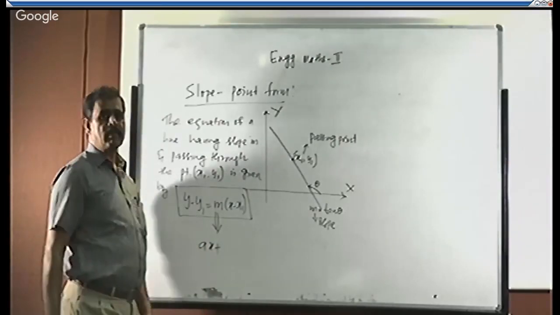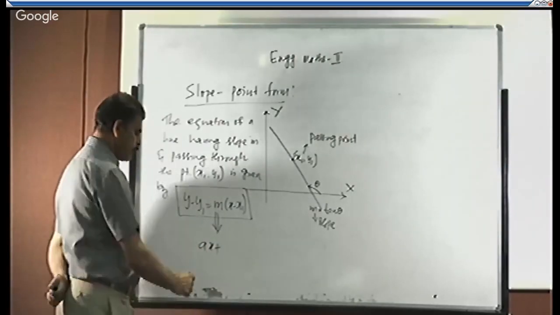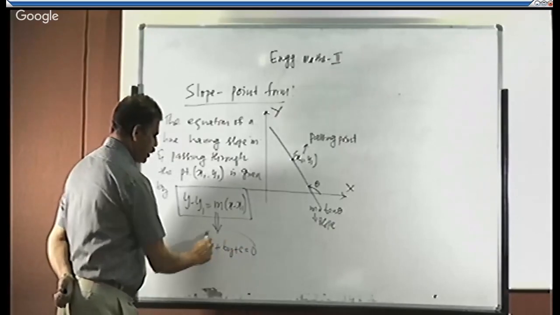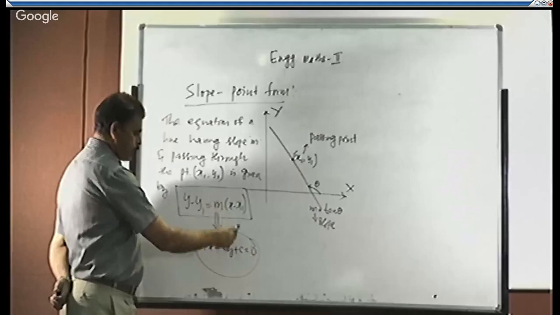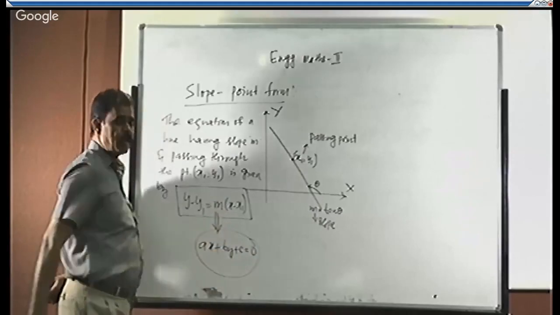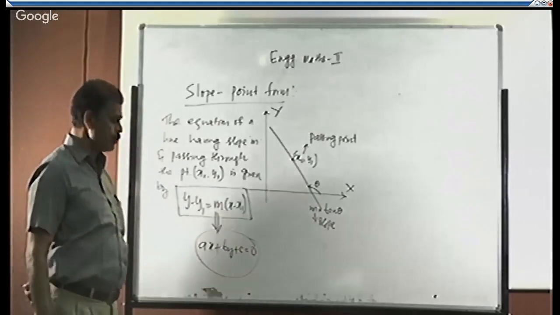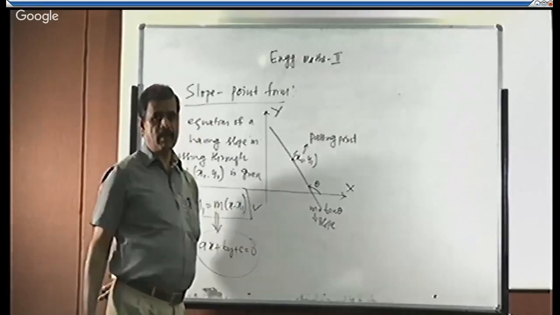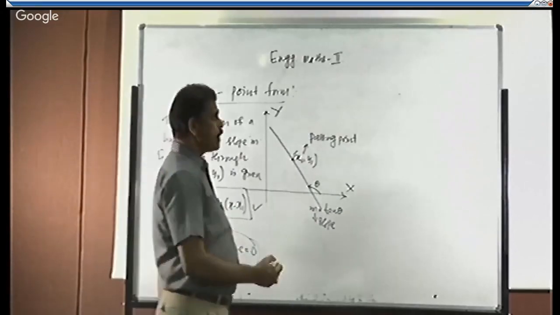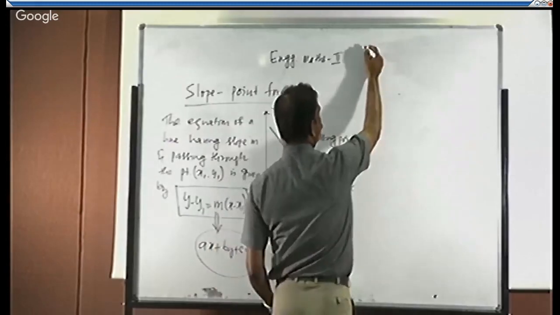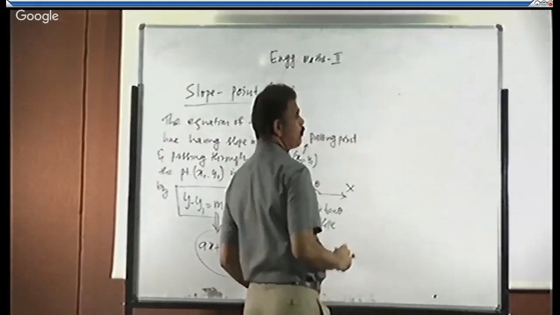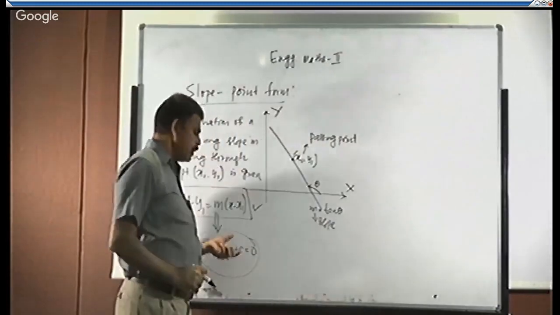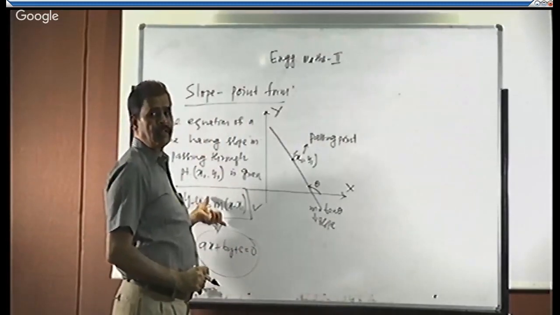What is the general equation of a line? The general form of a line is ax plus by plus c is equal to 0. Finally, from this form, we can write in terms of ax plus by plus c is equal to 0. This is the second form. Take the problems. There are certain parameters. Based on that, we have to write the equation of a line using this formula.